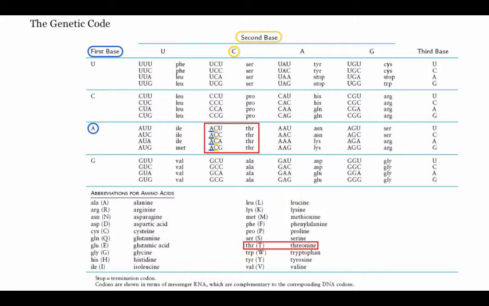Because there are 4 codons within each of these groups, the final variable base of each of these codons must include all of the 4 bases present in RNA: uracil, cytosine, adenine, and guanine.